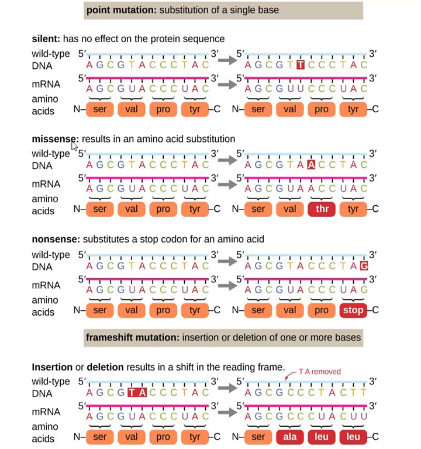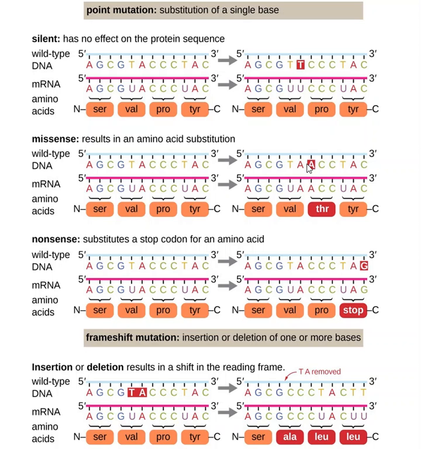A missense mutation means that a different amino acid is inserted as a result of the mutation. In this particular case, you can see that we have a C, and that C found on the non-template strand is now an A. So how does that change the mRNA and the subsequent protein?